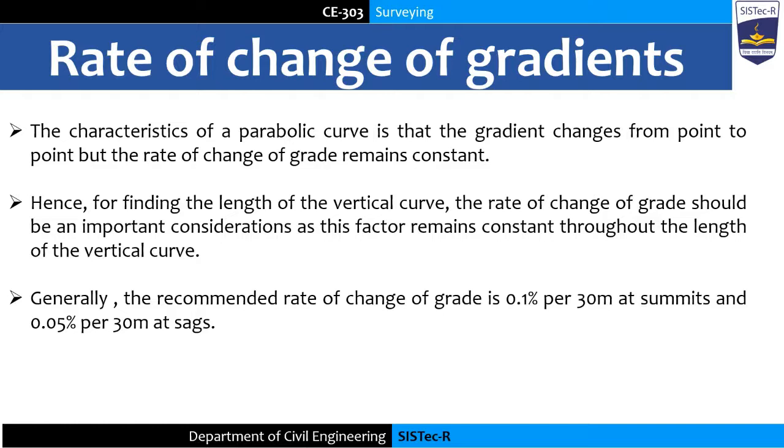Generally, the recommended rate of change of grade is 0.1% per 30 meter at summits and 0.05% per 30 meter at sags. Summits और sags क्या होते हैं वो हम अगली slide में देखेंगे.